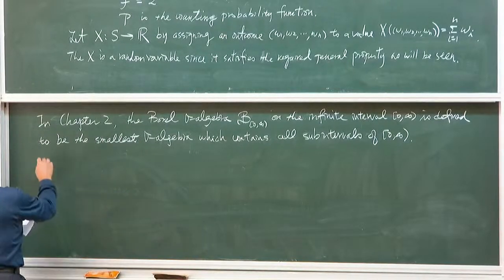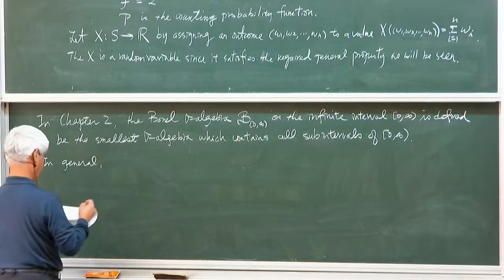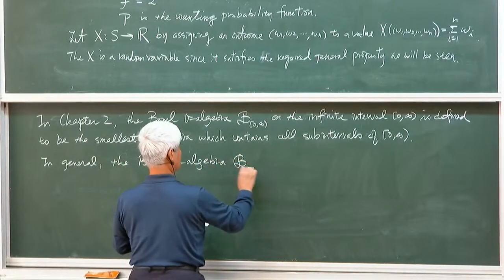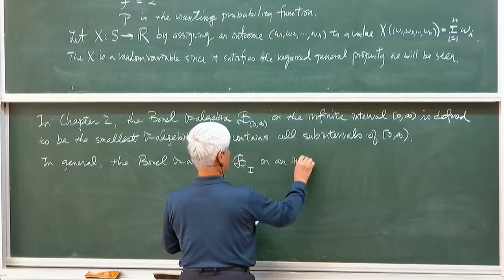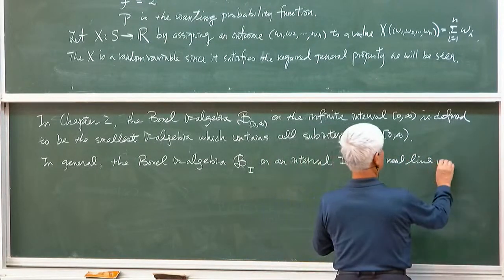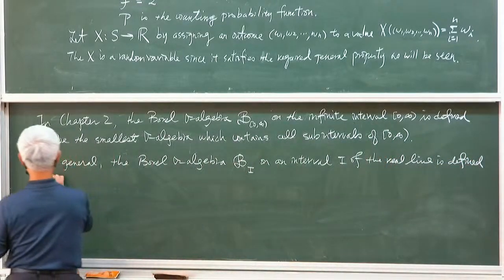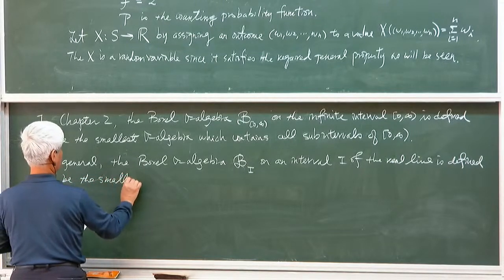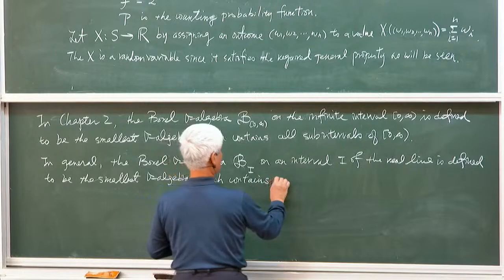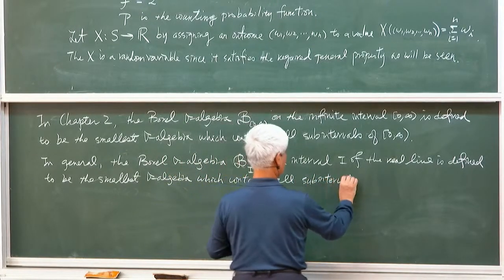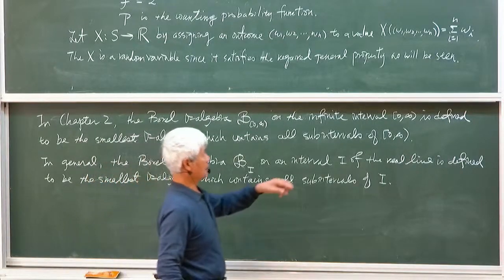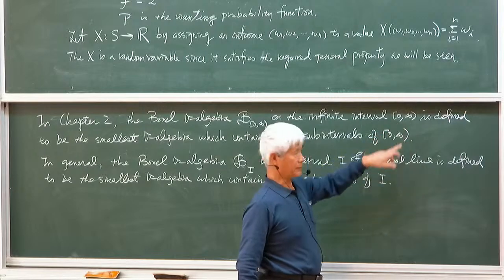Now, in general, the Borel sigma algebra B sub I on an interval I of the real line is defined to be the smallest sigma algebra which contains all subintervals of the interval I. So I can be any interval of the real line, and 0 to infinity here is a specific interval only.